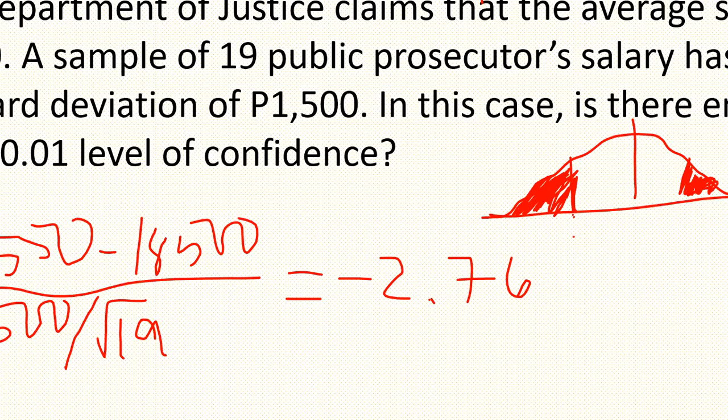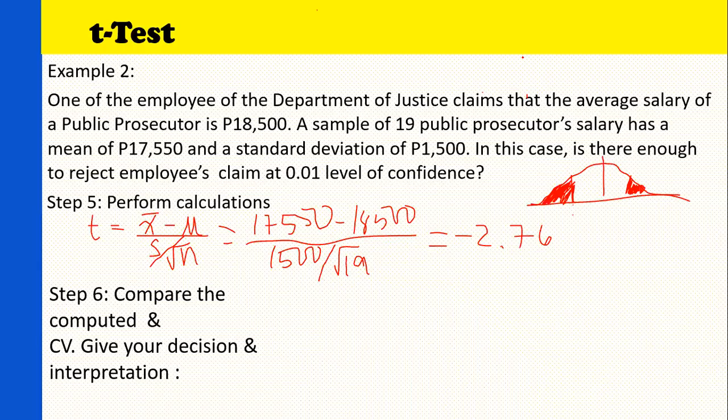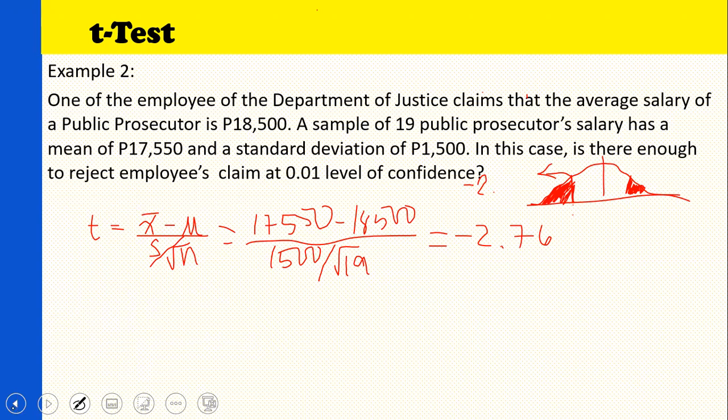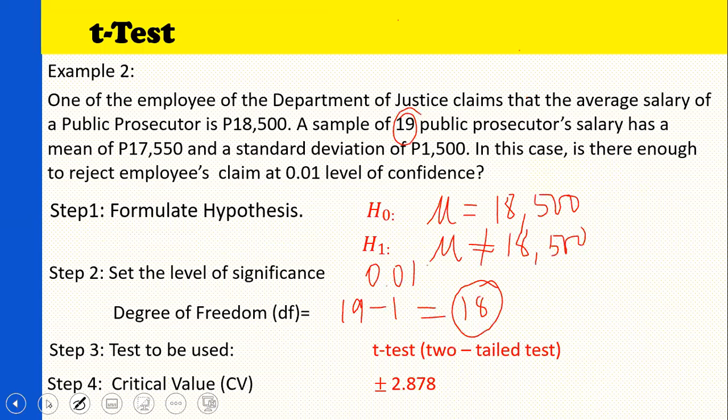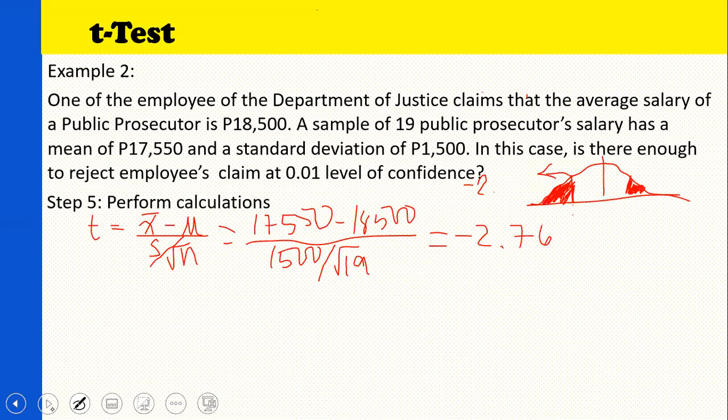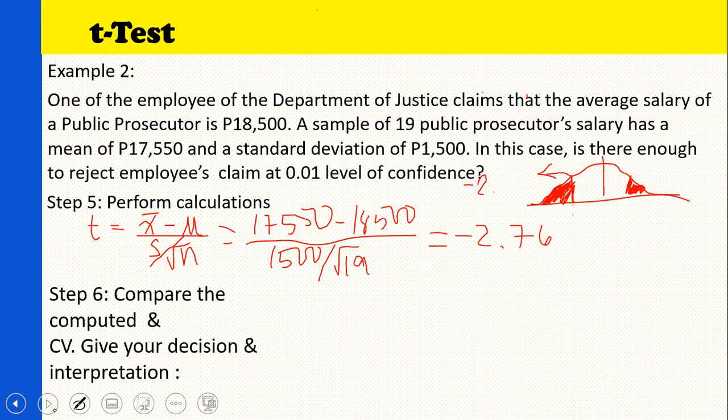So we have the critical value, which is 2.878. And for the other side, you also have on this part 2.878.